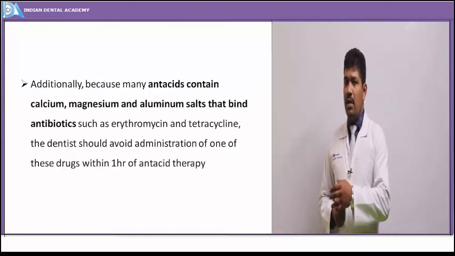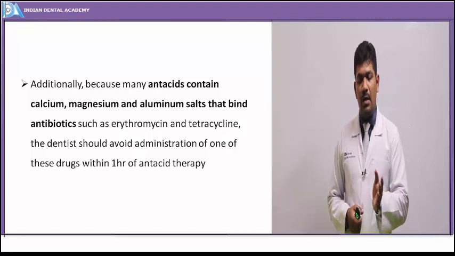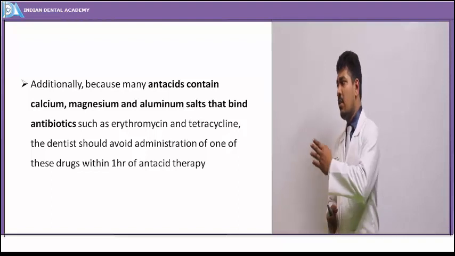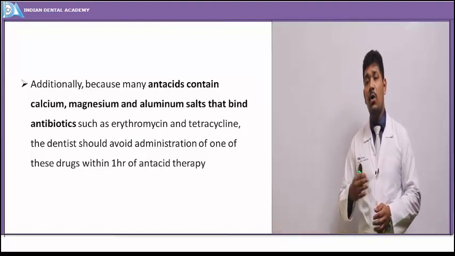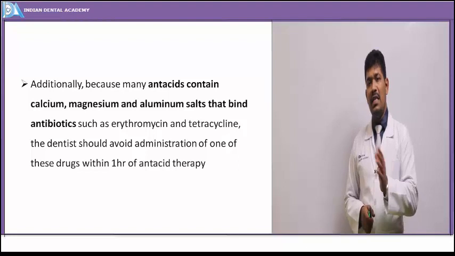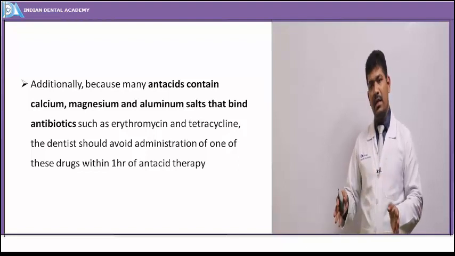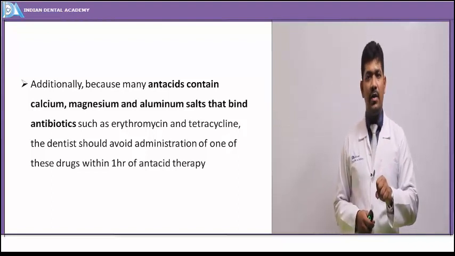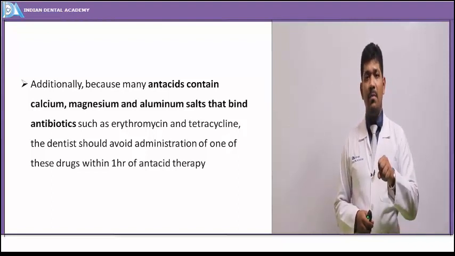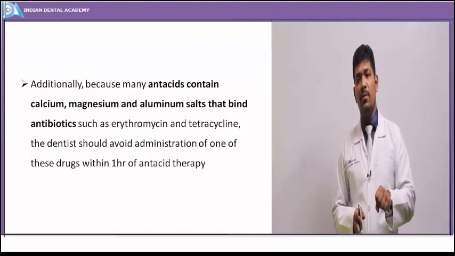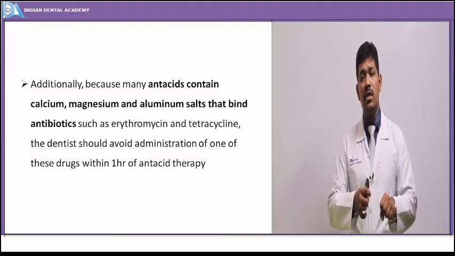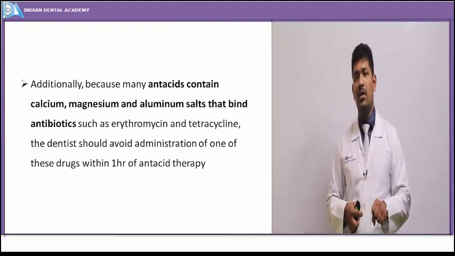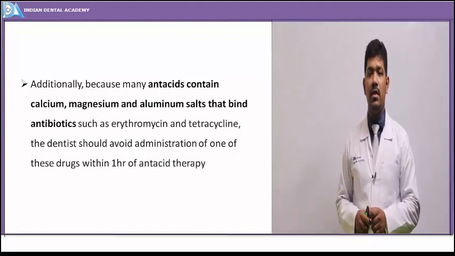Also, additionally, because of these antacids, the most common contraindication of usage of antacids is in patients who are on long-term antibiotics, because these antacids basically contain calcium, magnesium and aluminum salts, which bind with the antibiotics which the patient is taking, thereby reducing the amount of antibiotic being absorbed into the systemic circulation, thereby reducing the effect or the potency of these antibiotics.